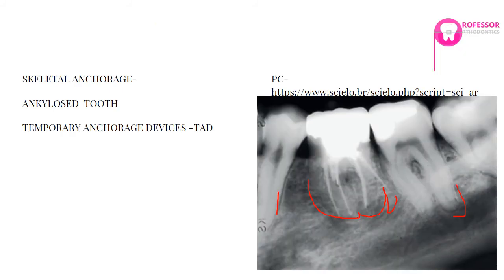Over here we can see that we have a tooth that has got completely ankylosed. You can see that this is a root canal treated tooth, and very clearly this has been there for a long time. You can see that the periodontal space is completely lost. You cannot see any demarcations, whereas over here you can appreciate the demarcations of the periodontal ligament space and the cementum root surface area.